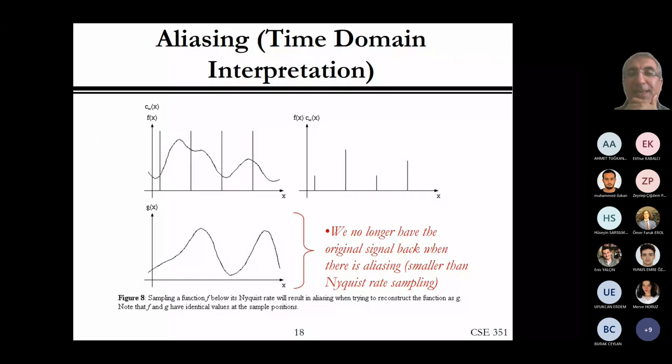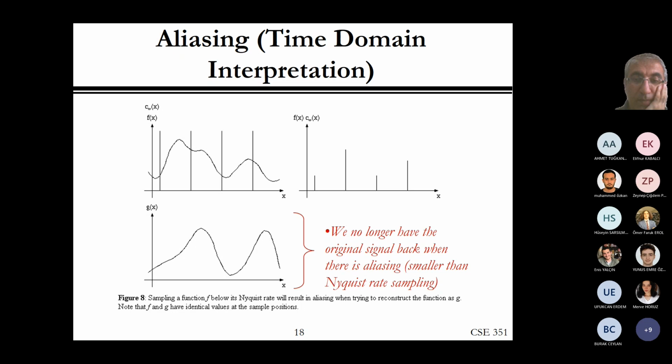Let's look at the aliasing in the time domain. So this is my time domain signal, and then I multiply with the pulse train, and I end up with these discrete time values: 1, 2, 3, 4. So I represent this continuous time signal with 4 discrete time values.